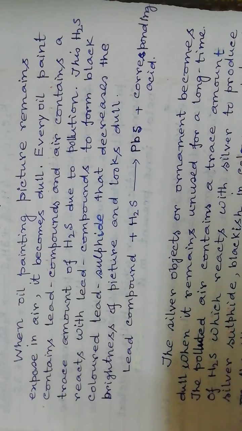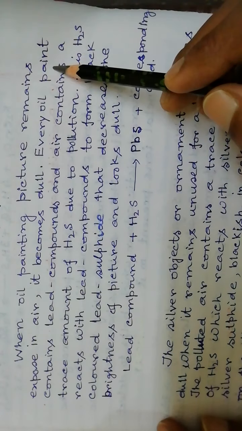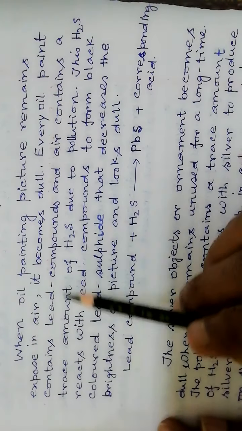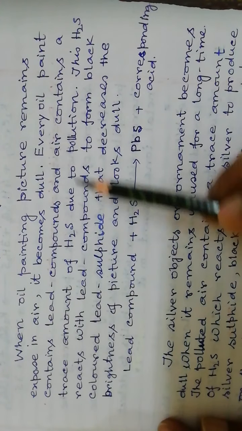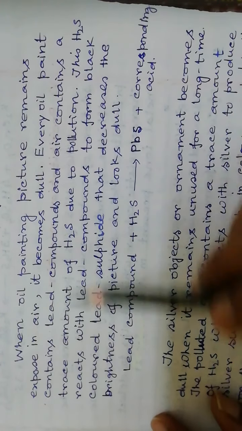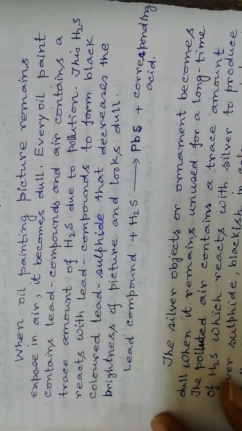When an oil painting remains exposed in air, it becomes dull. The question is why? Because every oil paint contains lead compounds, and our air contains a trace amount of H2S due to pollution.